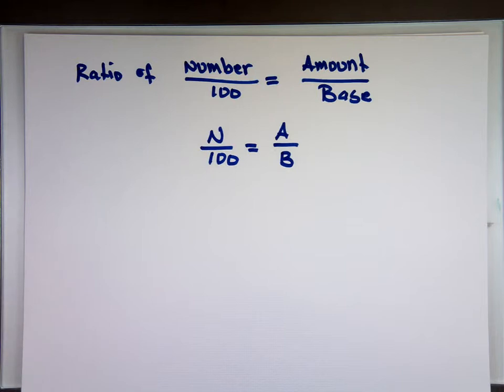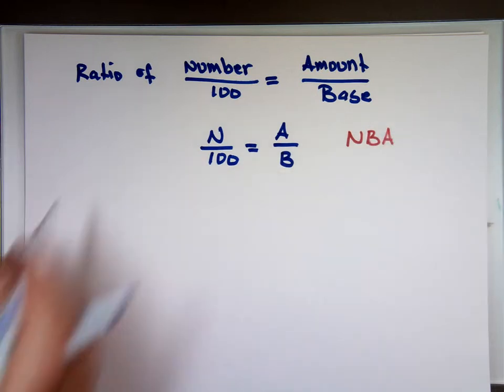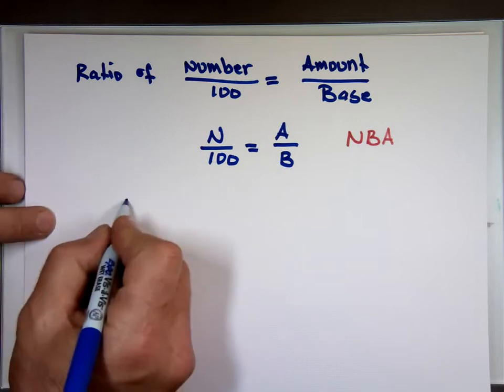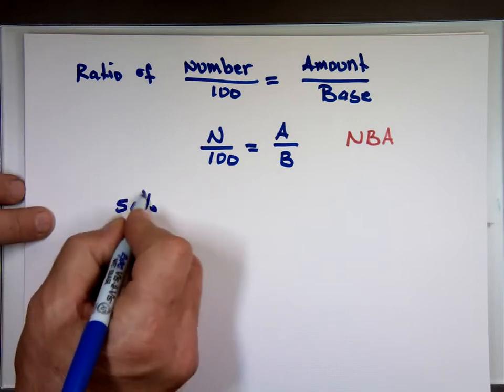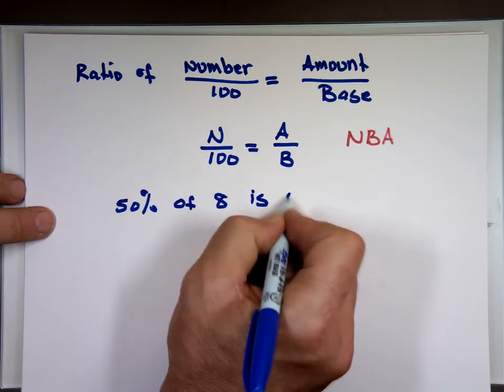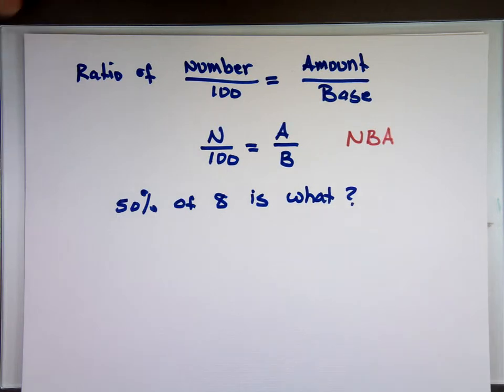I'm a big basketball fan. I call this method NBA. The NBA. So let me go back to the first question we wrote. 50% of 8 is what? That was the question we did.